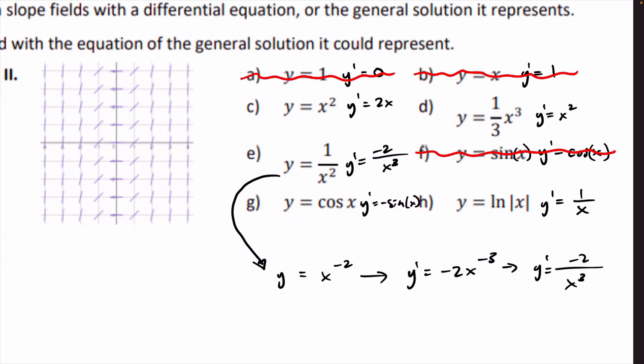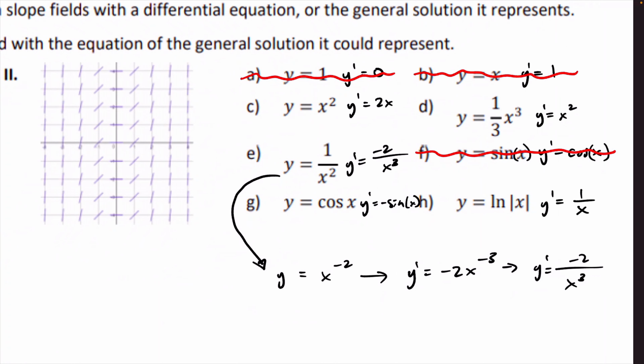Okay, C. When x is 0, will it have a slope of 0? Yeah, so we'll keep that one. I'm not going to get that one yet, but it's definitely not going to get crossed out. How about D? When x equals 0, would that have slope of 0? Yeah, so that one's a possibility. We'll keep that too. E, how about E? When x equals 0, would that have a slope of 0?